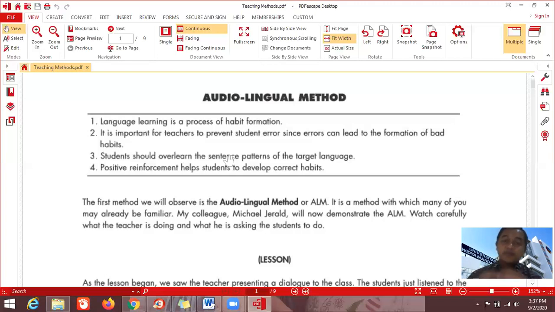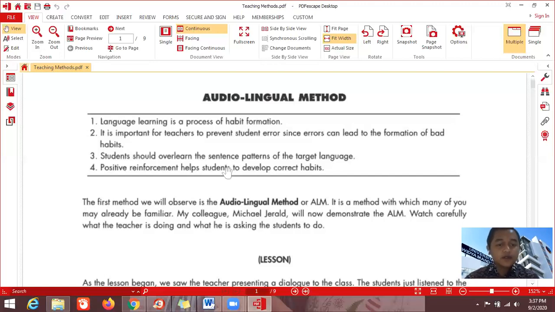The teacher presents the English form or forms, and then asks the students to practice by following the models, and then they produce their own. This is very much teacher-centered, of course, for this audiolingual method.